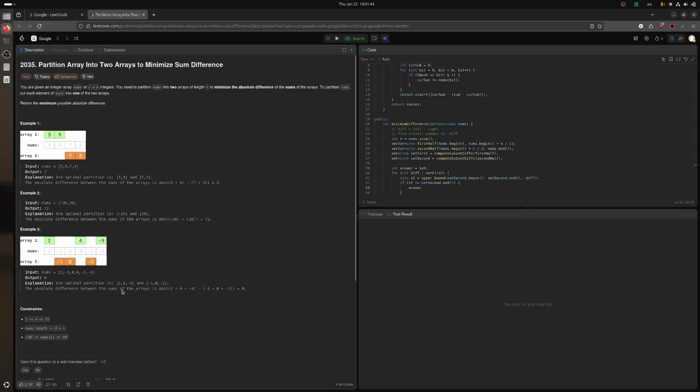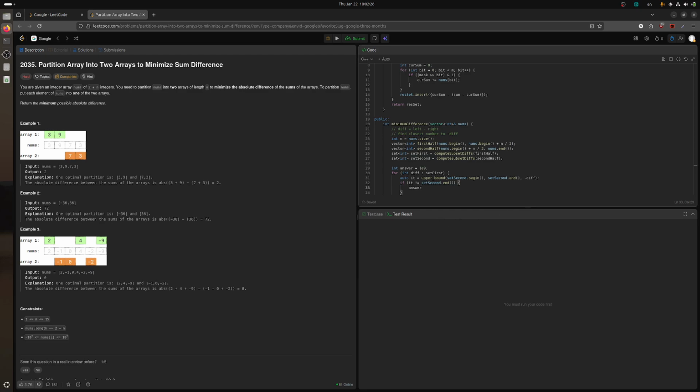So let's say we partition this such that it has diff 2 here and then diff minus 10 here. And how do we combine it? Well, that's minus 8, I guess.